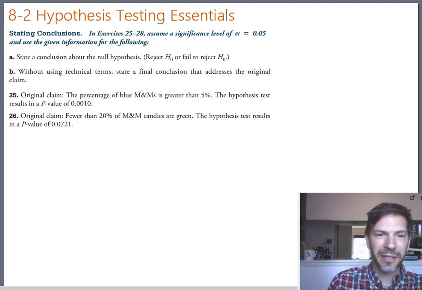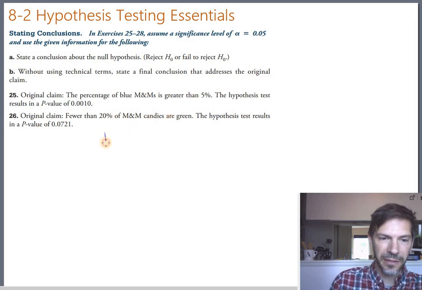If we need to state a conclusion about the null hypothesis, first of all, we need to know what the null hypothesis even is. So let's start there. The original claim: fewer than 20% of M&Ms are green. So that's a claim about a percentage, a proportion. Fewer than, less than, 20.